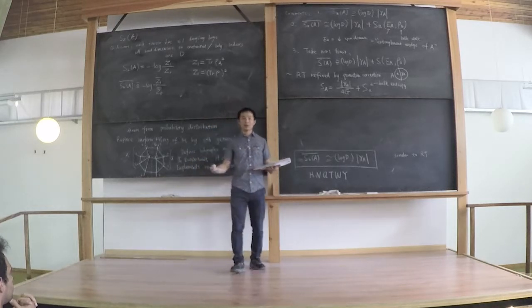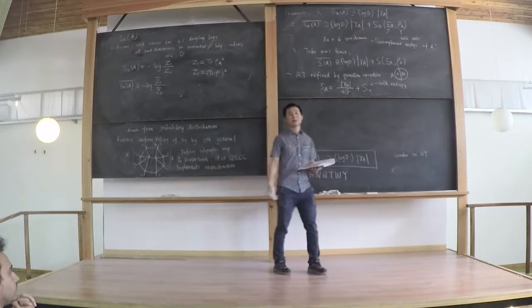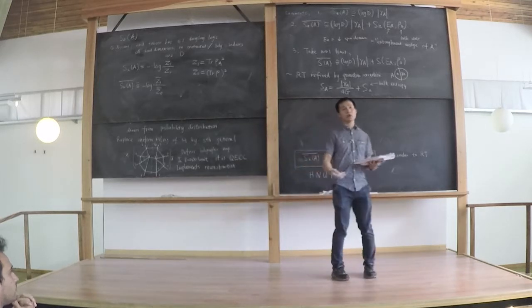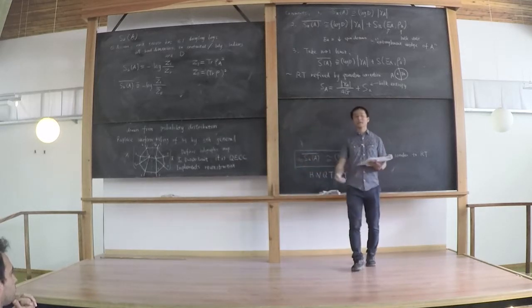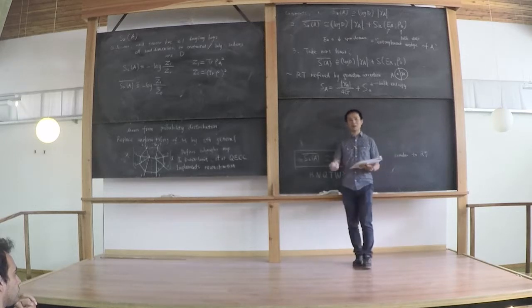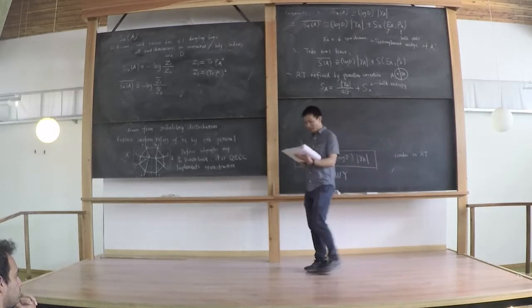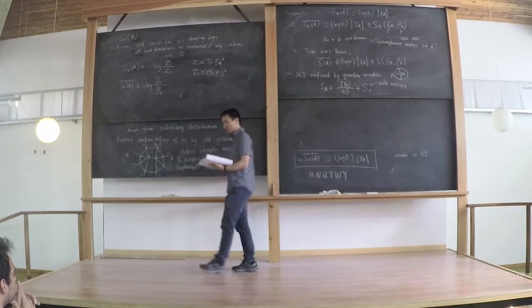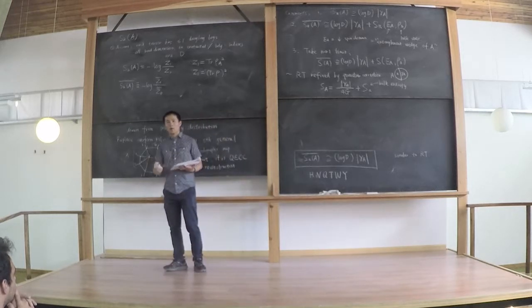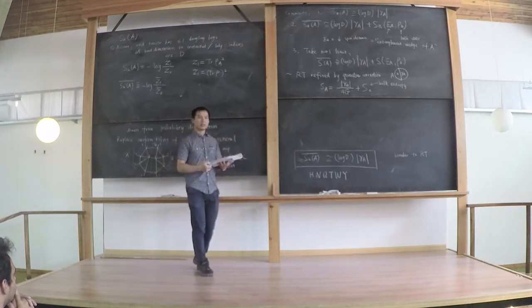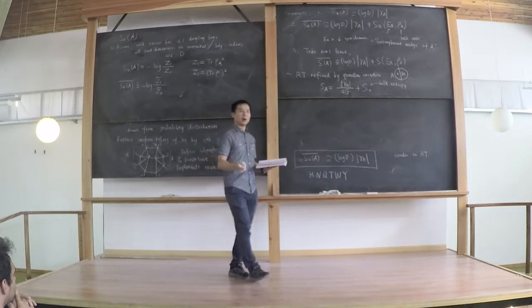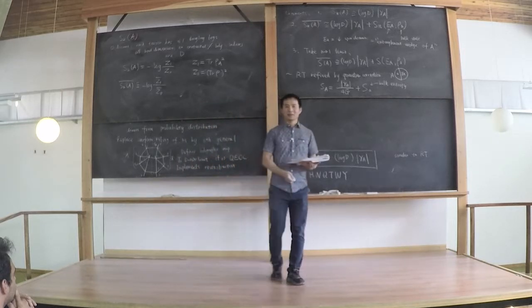The graph can be essentially anything you choose, but you may, for various reasons, want to choose a triangulation of some nice space, but the result doesn't depend on that. So in some sense, this works for all choices of boundary regions and for all choices of the state.